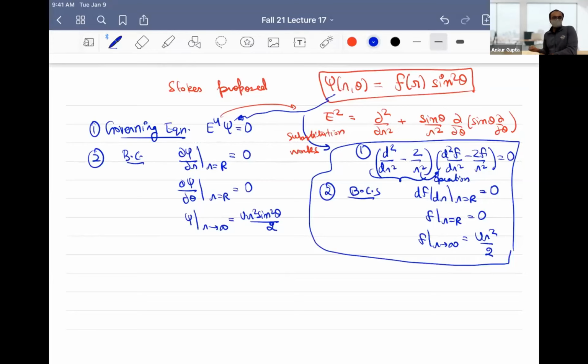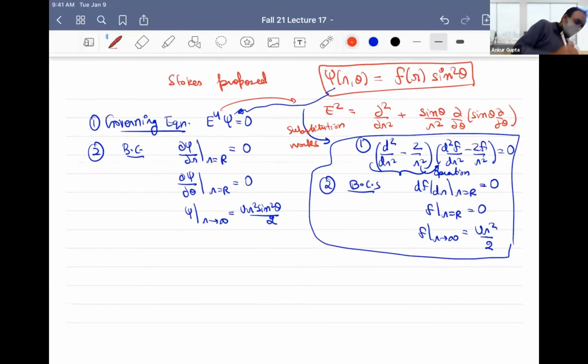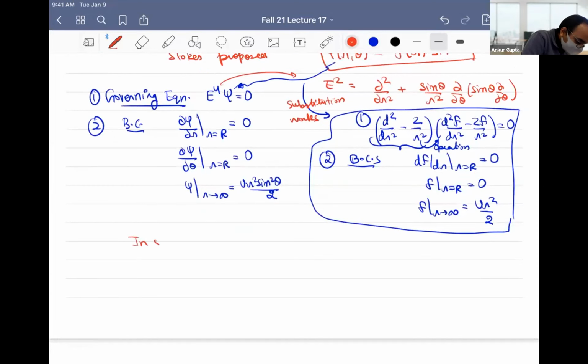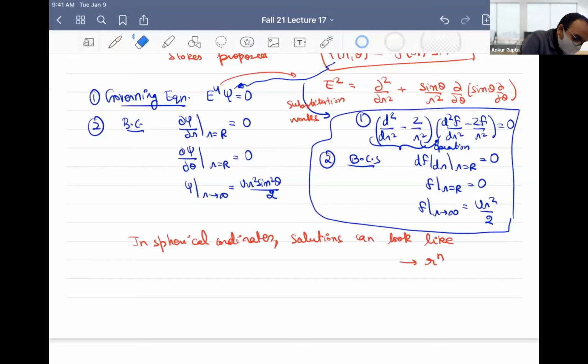So now let's see how we can solve this. This is something you have not seen before, and you don't have to worry about it. Just remember, in spherical coordinates, solutions can look like polynomials, r raised to the power of n, where we do not know the value of n.